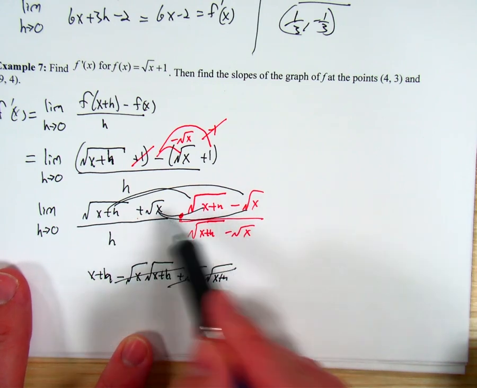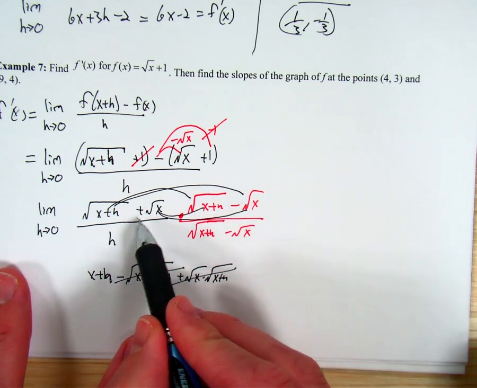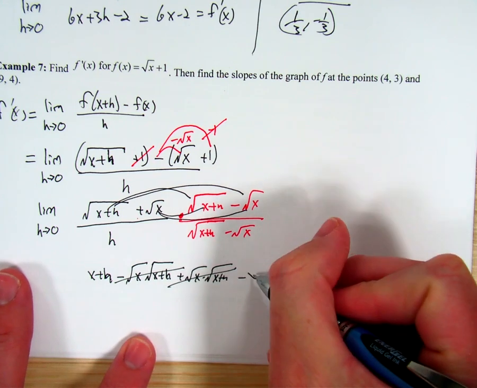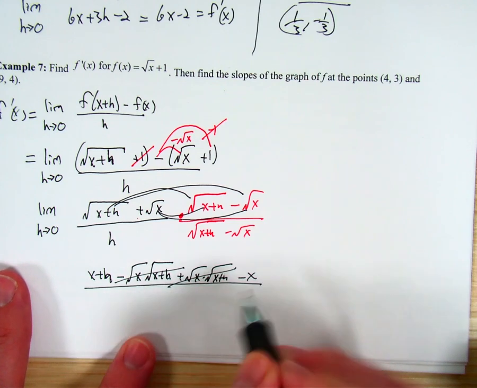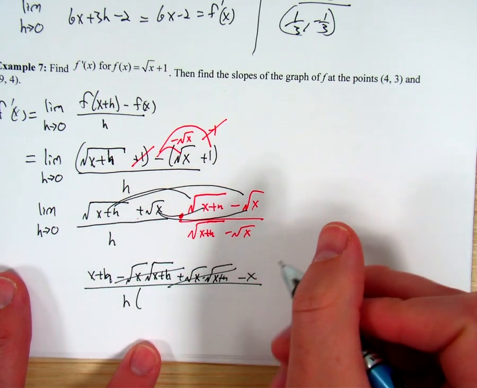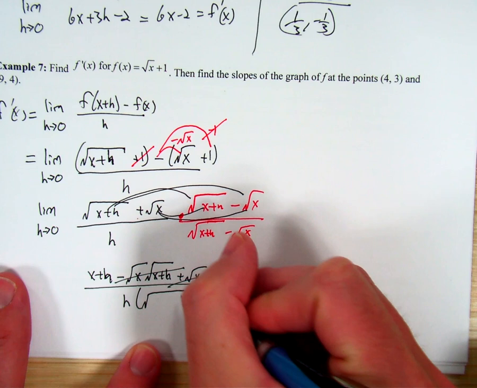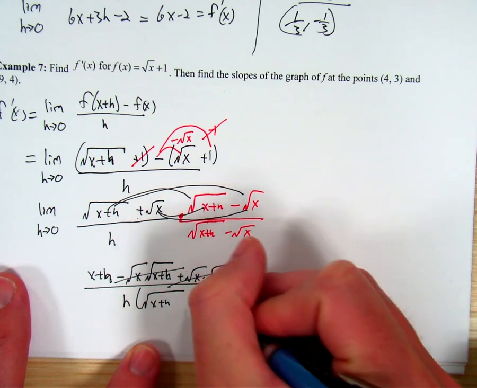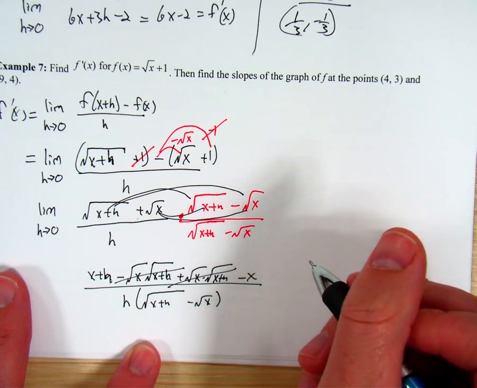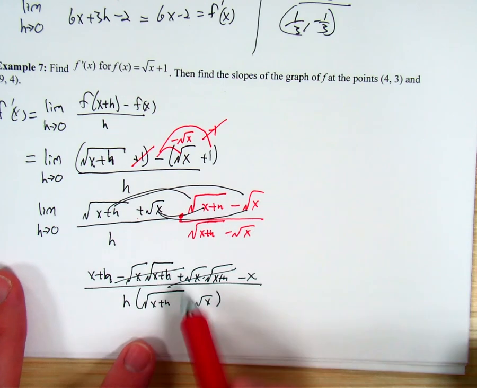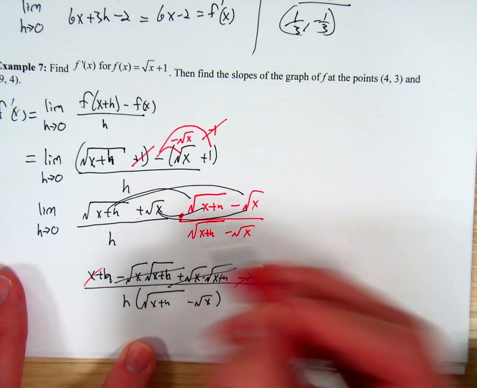And then now we have a radical x times a radical x, positive, negative, so it's going to be a minus x over h times square root of x plus h minus square root of x. So those canceled. Then we have this minus x and plus x canceling.